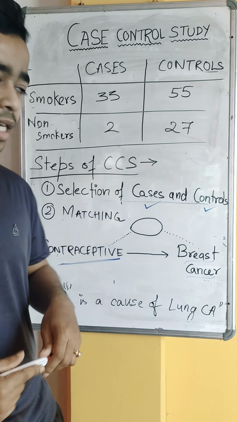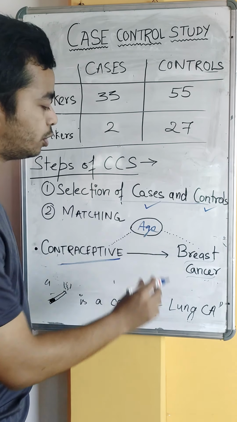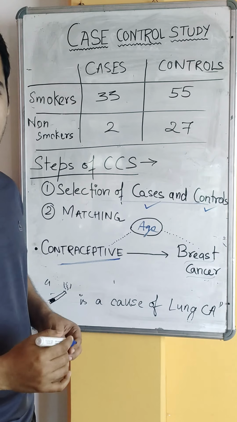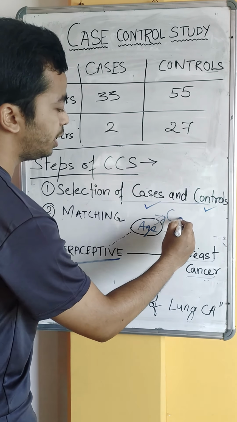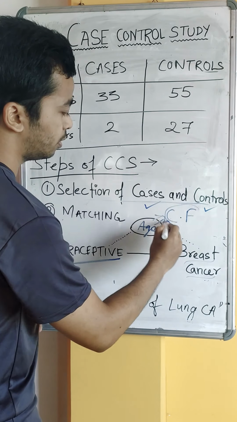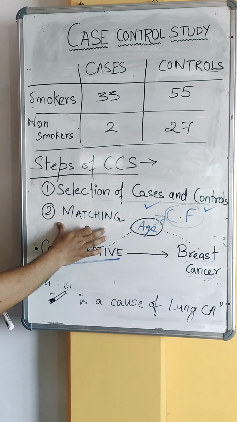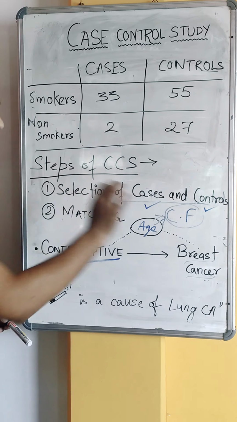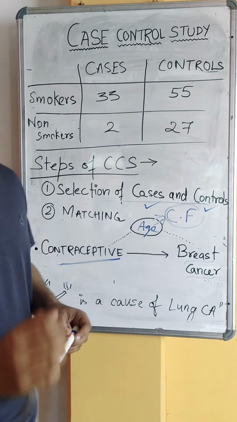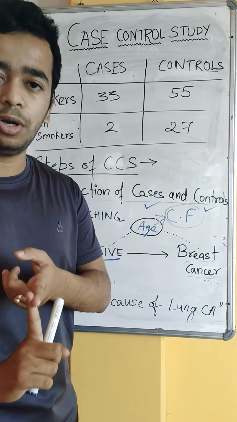So this is a kind of bias, and this bias can actually distort our result. Here we see that age is able to distort our result, right? So age is called a confounding factor. Matching is a process where we try to eliminate as many confounding factors as possible. Like age can be a confounding factor.